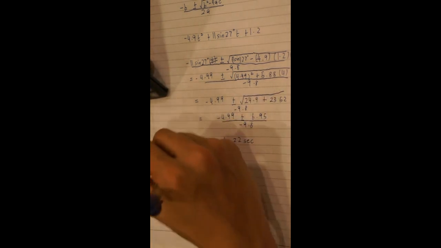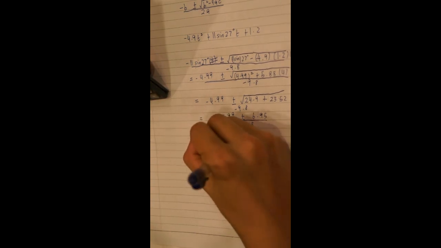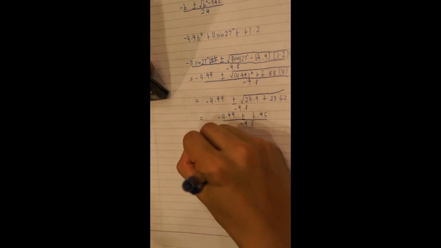Now to get the range is really simple. We'll take the equation distance of x equals ut plus half at squared, where u is the initial velocity of x, v naught x.